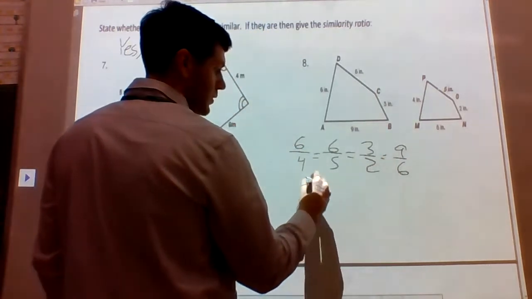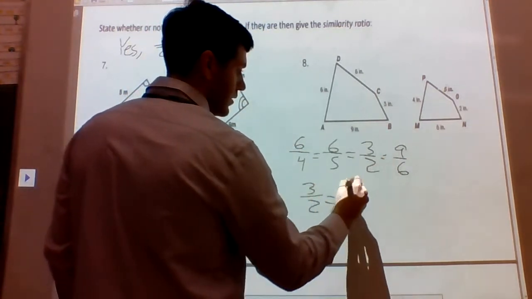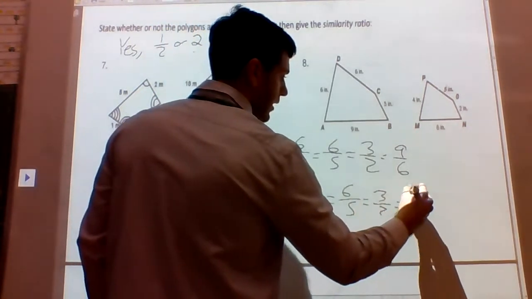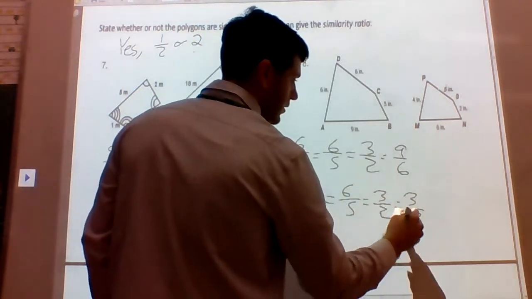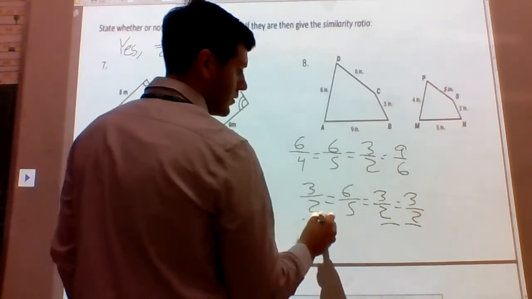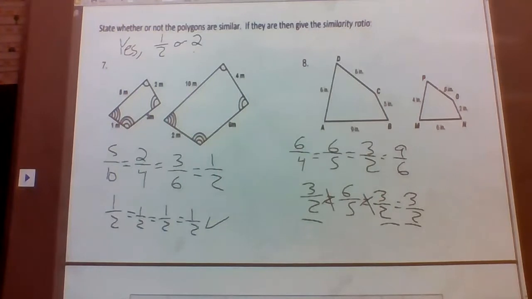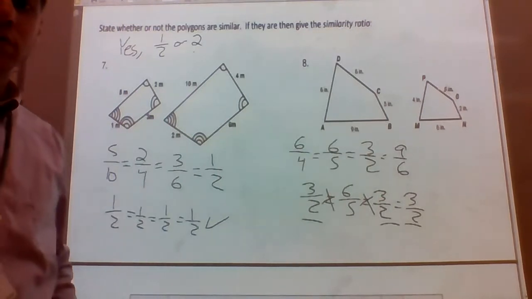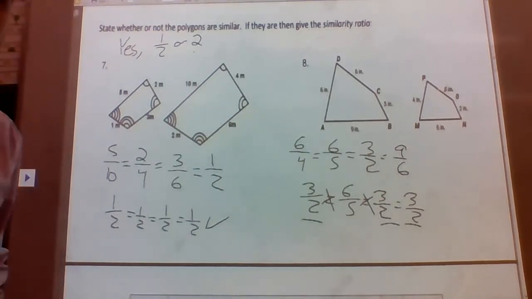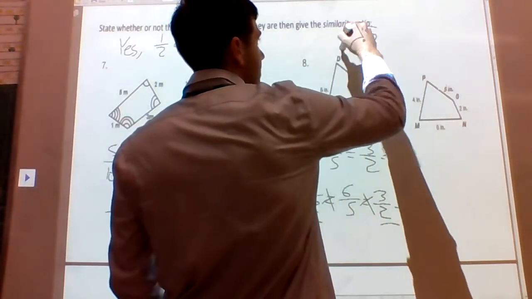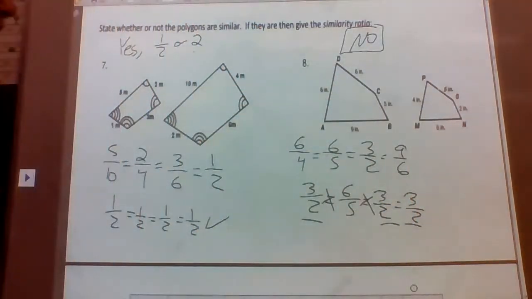If we reduce, we're going to get 3 halves, 6 over 5, 3 halves, and 3 halves. So 3 of them are 3 halves, but these are not going to equal 6/5. So since the ratios of the corresponding sides are not equal, the sides are not proportional, so we can say no. These are not similar figures because the sides are not proportional.